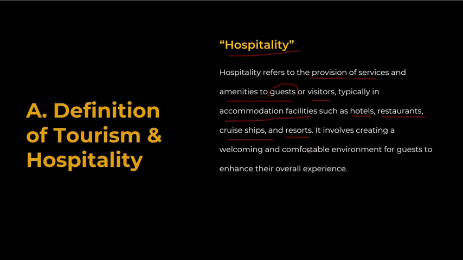So we need to provide or create a welcoming and comfortable environment. That is why, again, one of the values that a hotelier must possess is to be friendly, hospitable, and welcoming, and to like to serve other people.